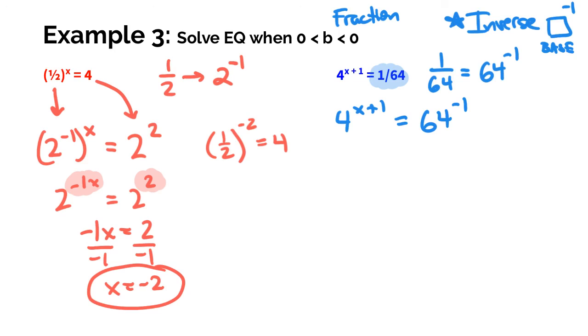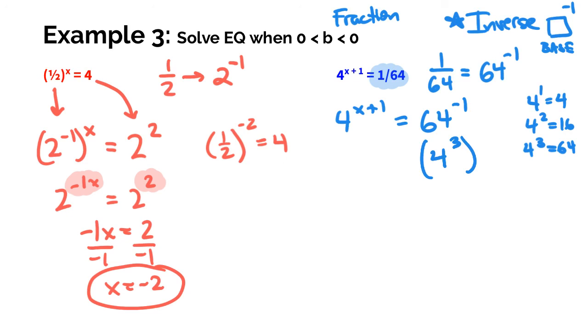So I have the larger number 64, can I express 64 as 4 to some power? 4 to the 1st power, for example, would be 4. 4 to the 2nd power would be 16. 4 to the 3rd power would be 64. Okay, so I'm going to re-express 64 as 4 to the third power.